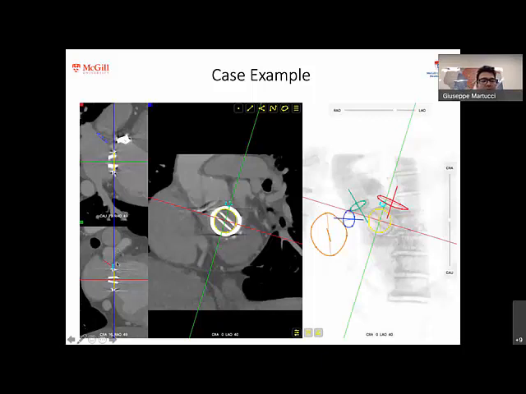Okay, and the leak, in fact, is here. You can see contrast going outside the valve, going from the left atrium to the left ventricle, and it's right next to the left atrial appendage. And this green line cuts the mitral valve into a two-chamber view. Okay, the aorta is right here, and then you can appreciate the different structures of the heart.